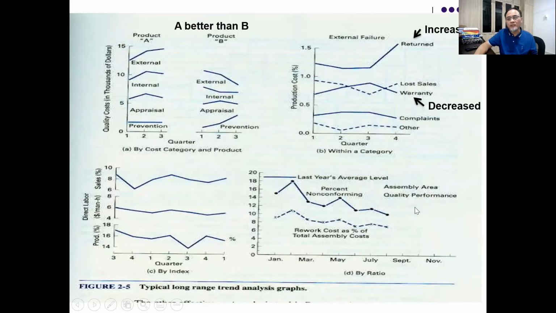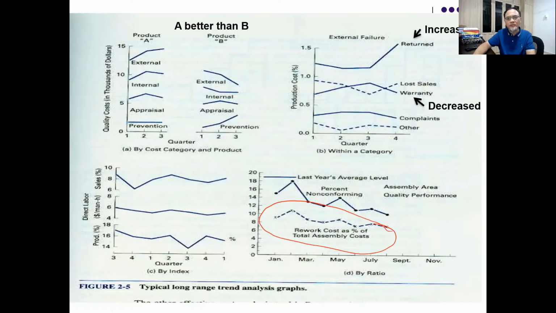This is the quality performance, and rework cost as a percentage of total quality cost. So this is internal failure cost. If you want to start the project just focusing on internal failure cost, fine, no problem. You can always decide what's best for the institution or for the organization.